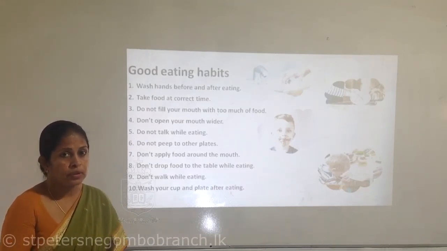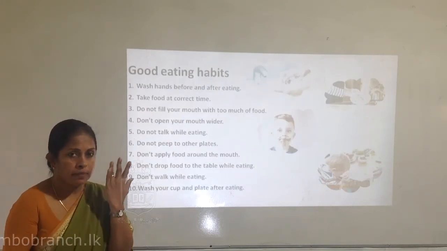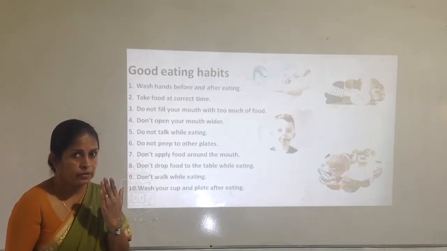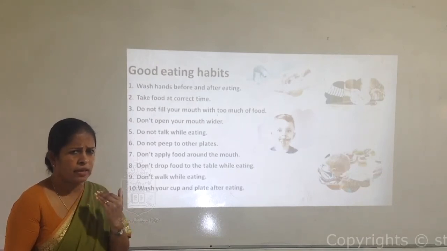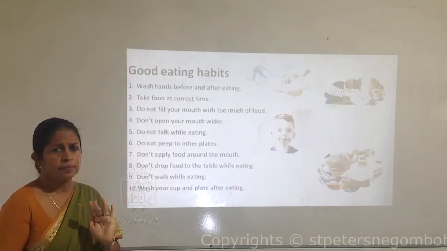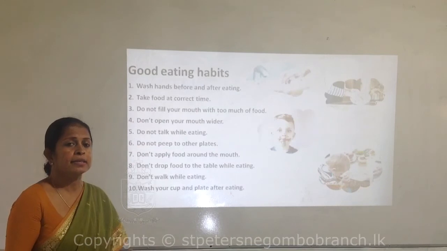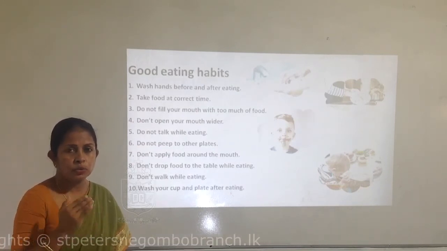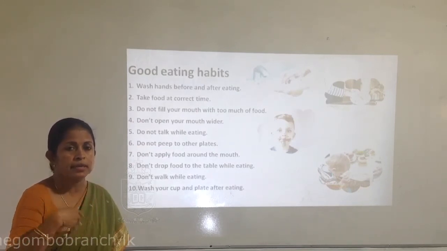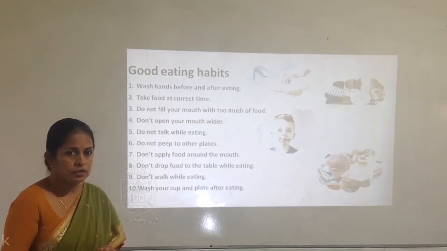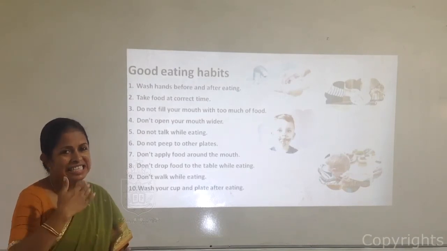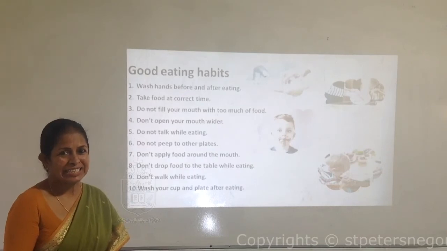What you should do is stop eating and wipe off what has been applied. You can feel it when it is wiped. At once you have to wipe it, and then start eating again. Don't keep any food around the mouth and continue to eat. Stop, wipe it, and then start to eat.